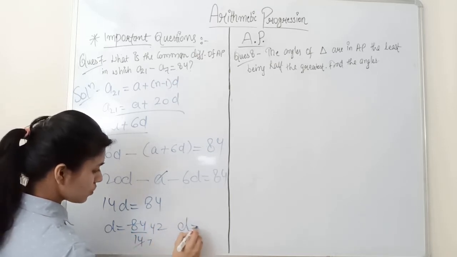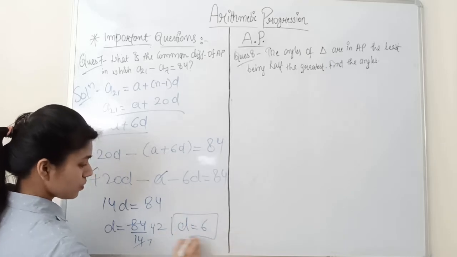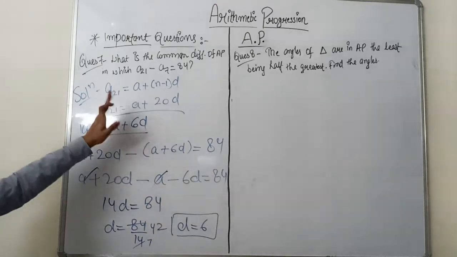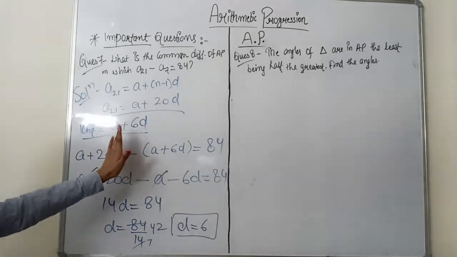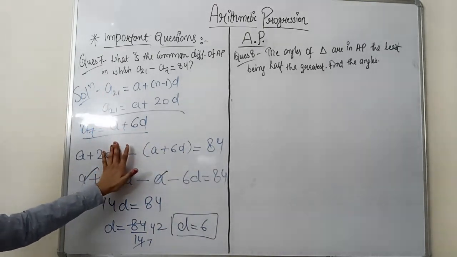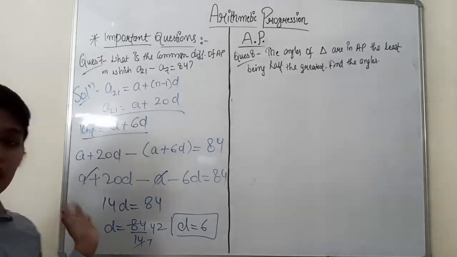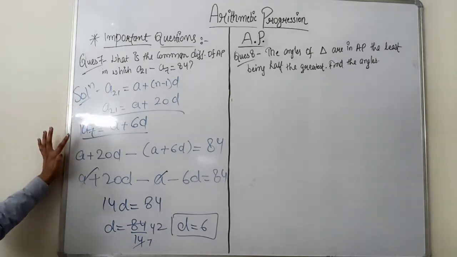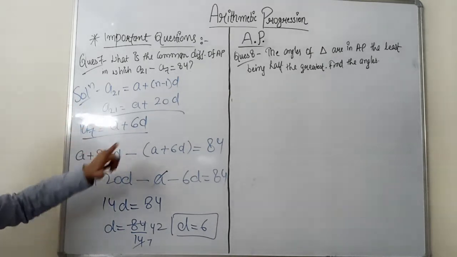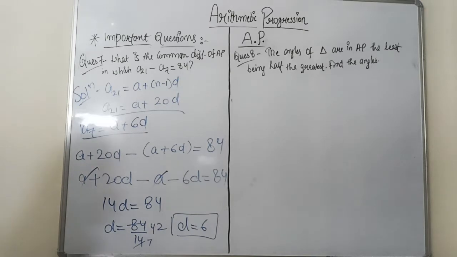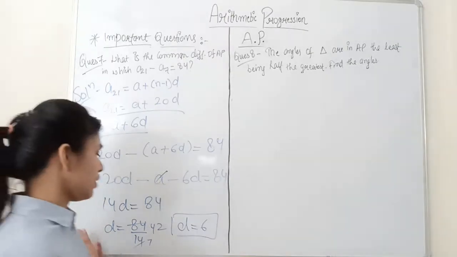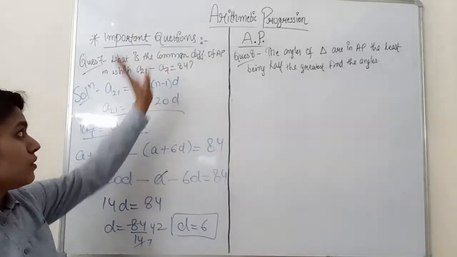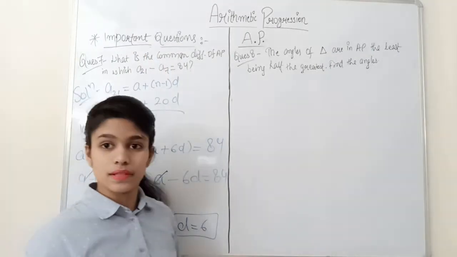D is equal to 6. So the common difference is 6. What we have done in this question, we have found the values of A21 and A7 from the An formula. Then we have subtracted the values of A21 and A7. After that, we have found the value of D. D is 6. Common difference is 6.